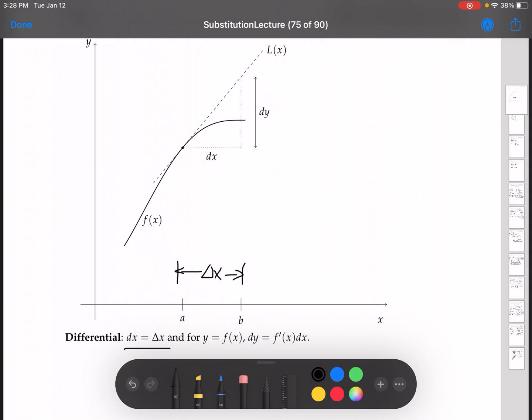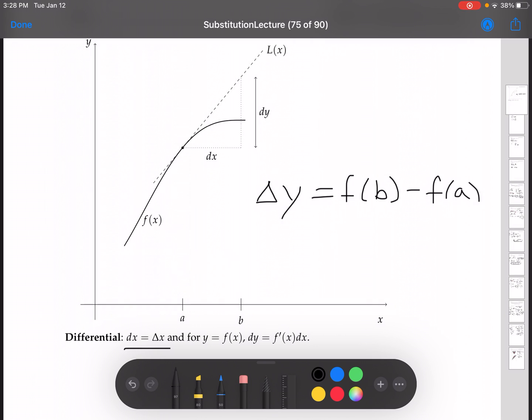All right, now the change in y is going to be f of b minus f of a. And this f of b minus f of a, let's see here.